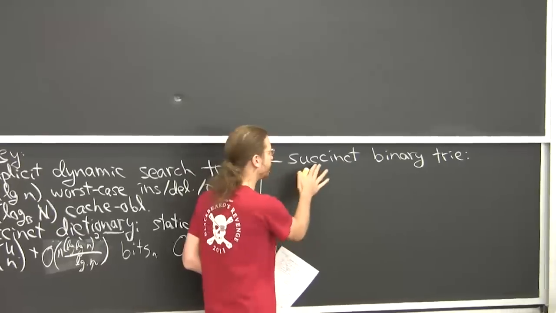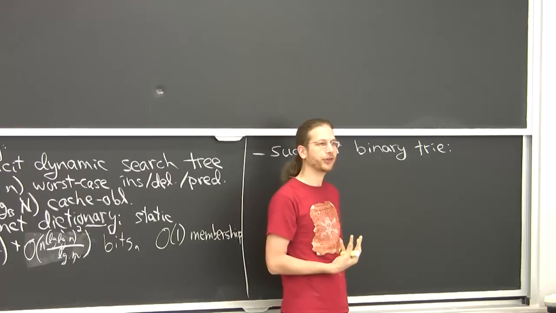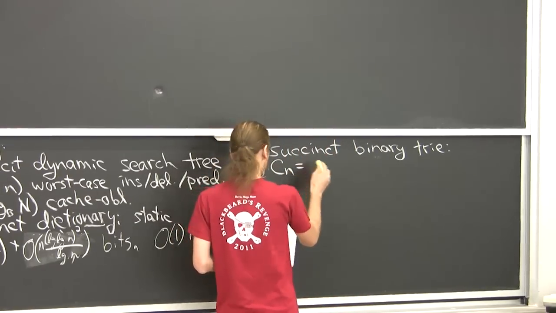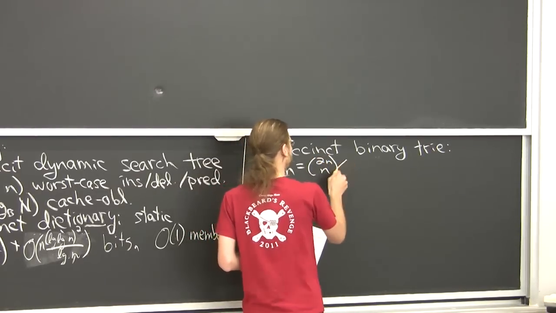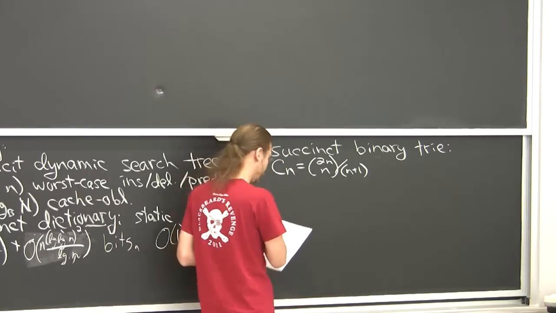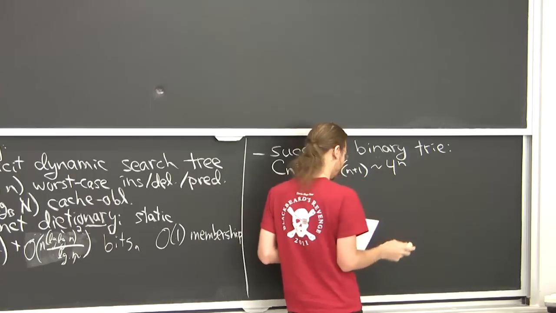Again, this is a little harder of a question. How many binary tries on n nodes are there? The answer, I will tell you, is the nth Catalan number, which is a quantity we've seen before: 2n choose n over n plus 1. As we mentioned last time, this is roughly 4 to the n.